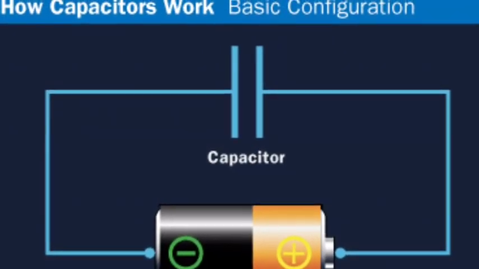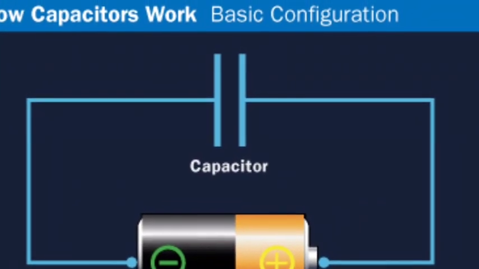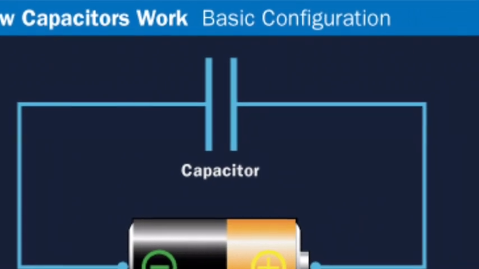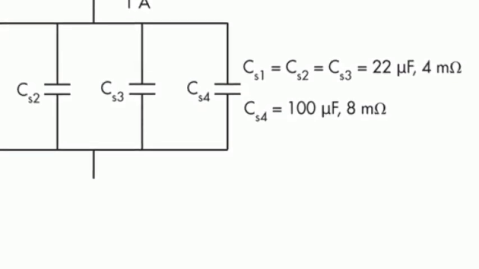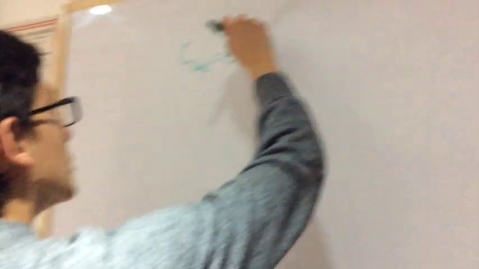And how are capacitors seen in circuits? Now that we have seen how capacitors are and work, we shall observe how capacitors and capacitance are present in circuits. Capacitors in parallel circuits.